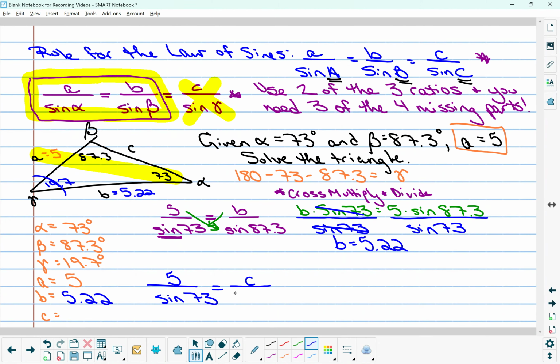So I would say C over the sine of 19.7. Now do your cross multiplication. So we're going to have 5 times the sine of 19.7 is equal to C times the sine of 73. And then we're going to divide both sides by the sine of 73.